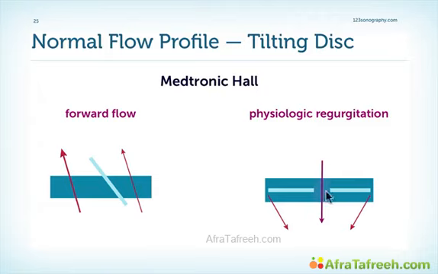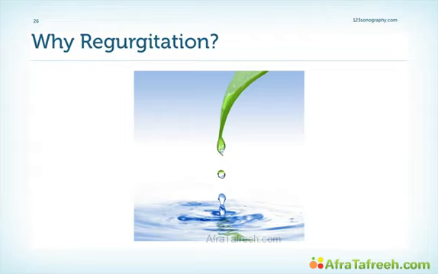Therefore, we have a fairly large jet passing right through the prosthetic valve, which sometimes can lead to the false interpretation and to the belief that the patient has some form of significant regurgitation. So you will find some form of leakage in every mechanical valve. Why? Well, actually, we want the valves to leak because it is said that it prevents the formation of thrombi.